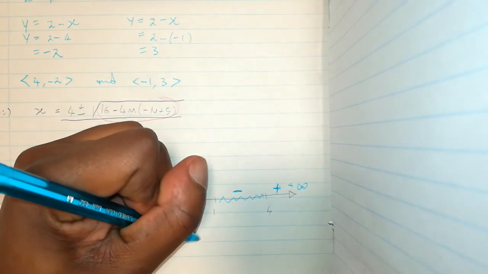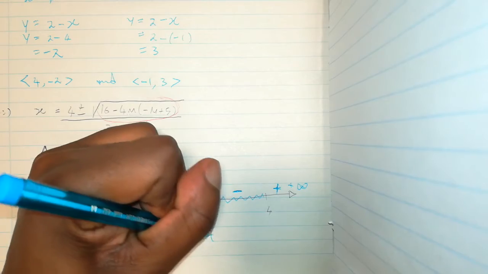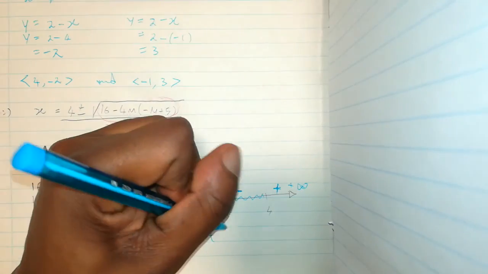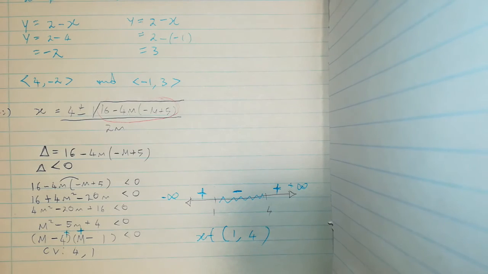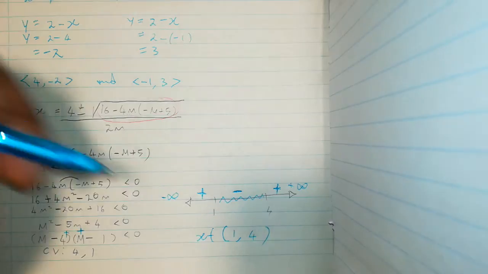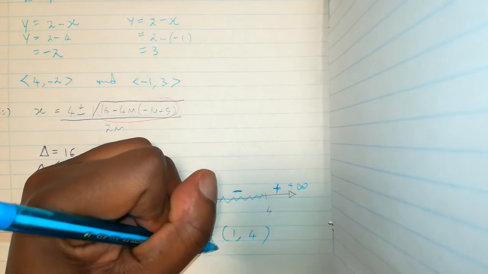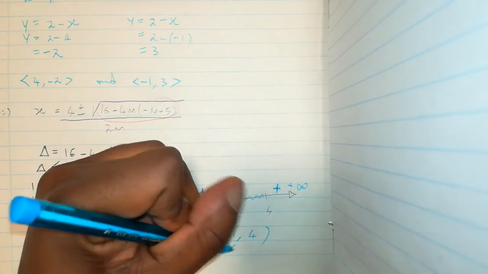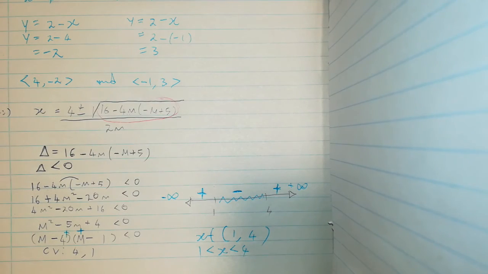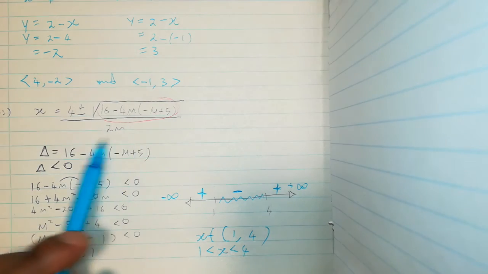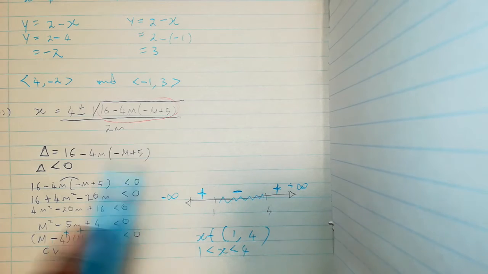So you could just say that x should be an element of the numbers between 1 and 4. That's it. Or another notation you can use is when you put bounds like this for x. This is the interval for which the roots of this equation will not be real.